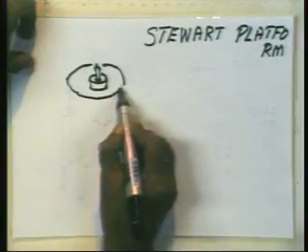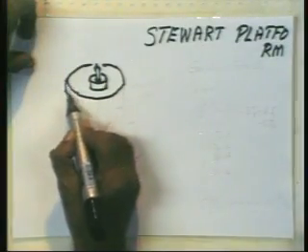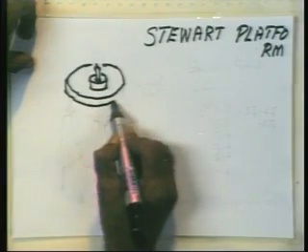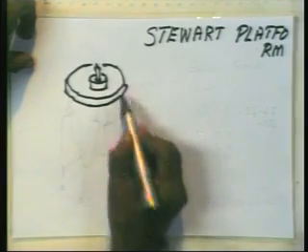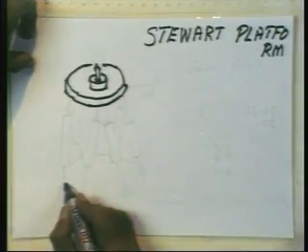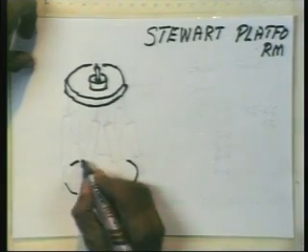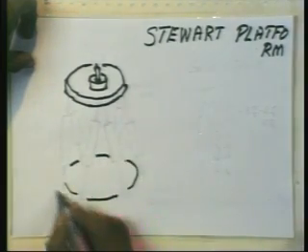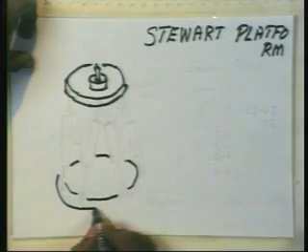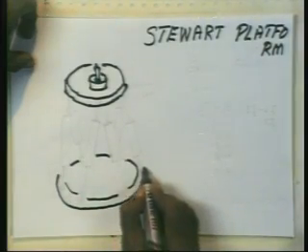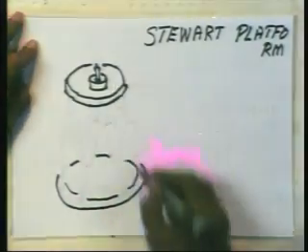Essentially, the Stewart platform consists of two discs, one at the top, one at the bottom. There is a disc at the top and there is a disc at the bottom.